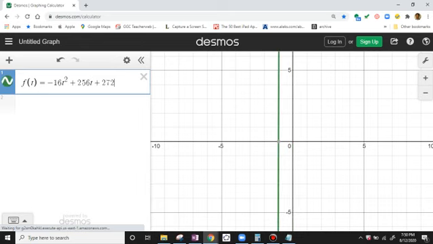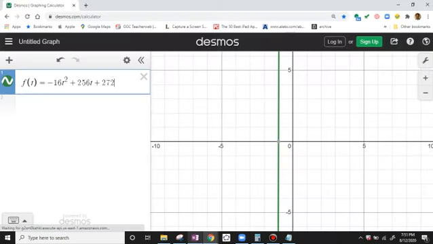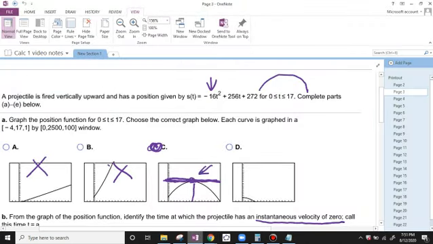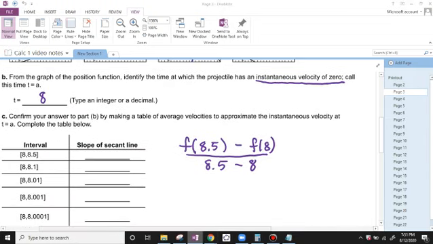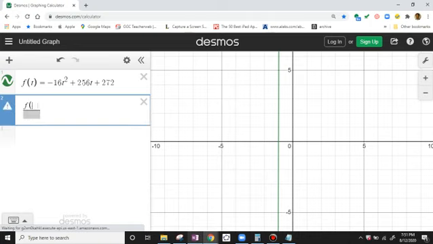I'll just double check to make sure that that's right. Great. All right, and so then we're doing f of 8.5 minus f of 8. So then, and again, all this is just plugging in. So again, we can do this by hand.